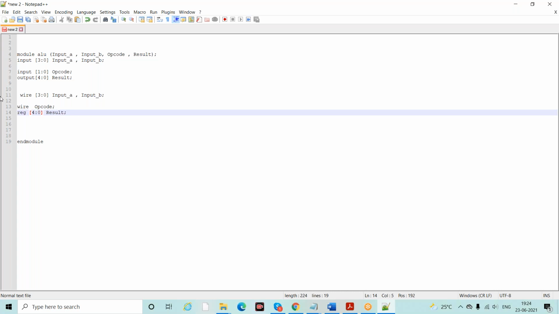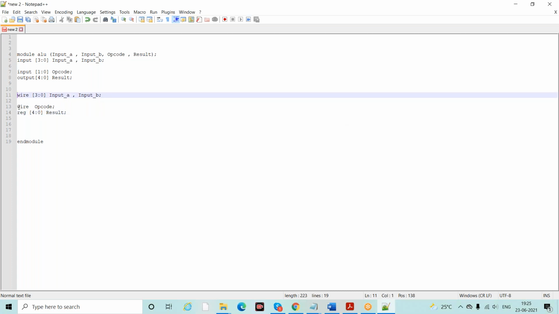Why am I using wire? Because that is input driven.